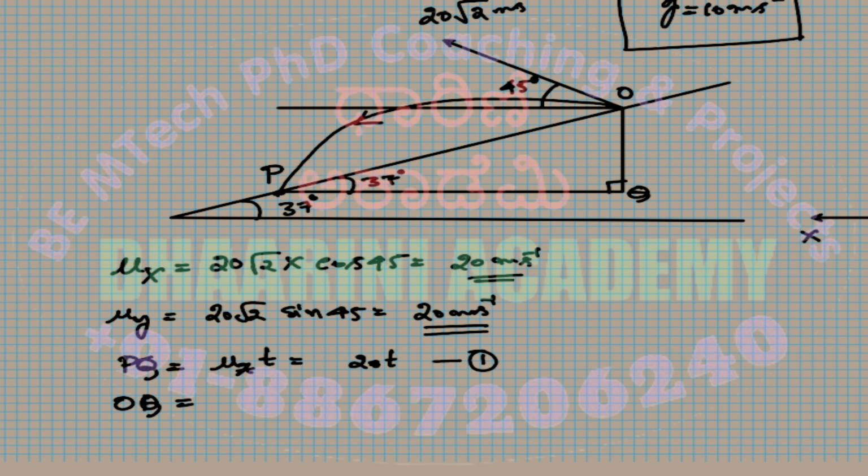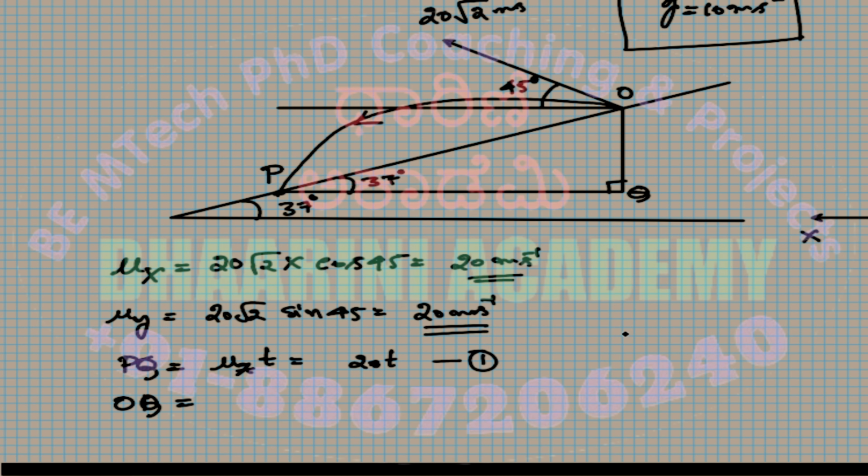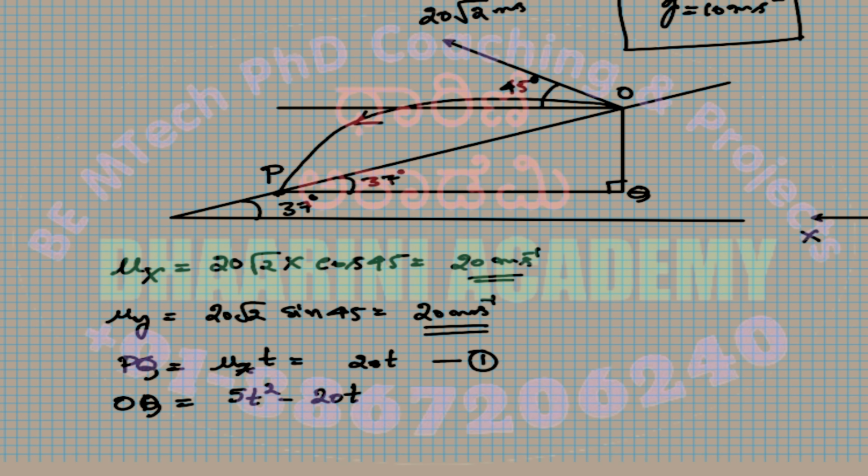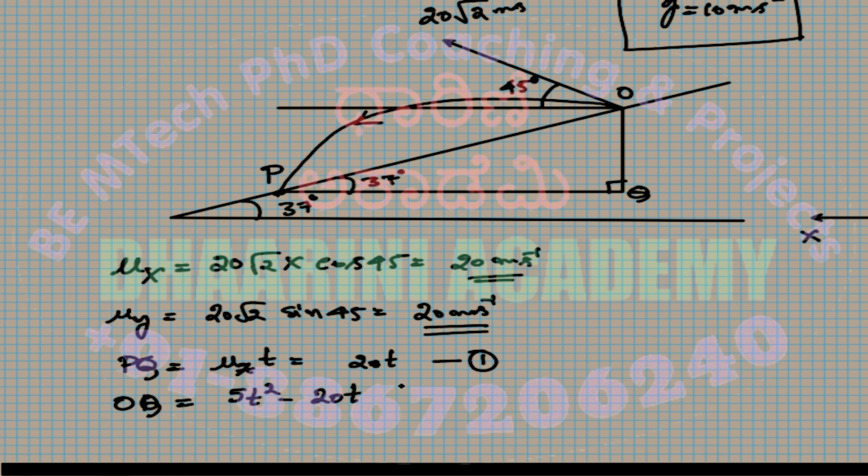So since I'm moving downwards now, I have to write the reverse of my equation. So I'll get normally after simplification 5t square minus 20t. Okay, so we use this now. This is the equation number 2.